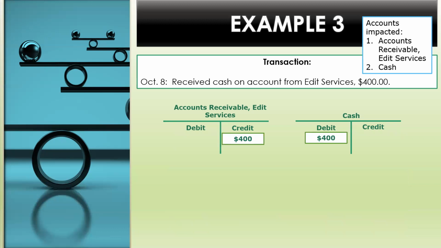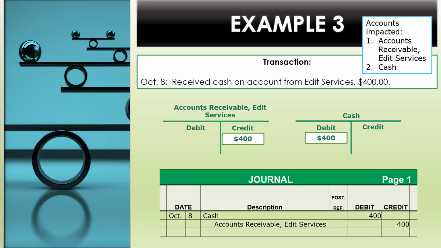Example 3, on October the 8th, we received cash on account from Edit Services. This amount was $400. This business transaction impacts 2 accounts, accounts receivable, Edit Services, and cash. This is what it looks like when we have our journal entry of October the 8th.